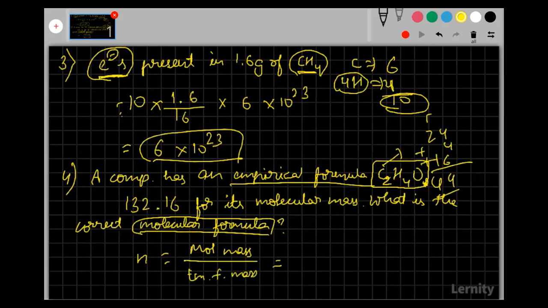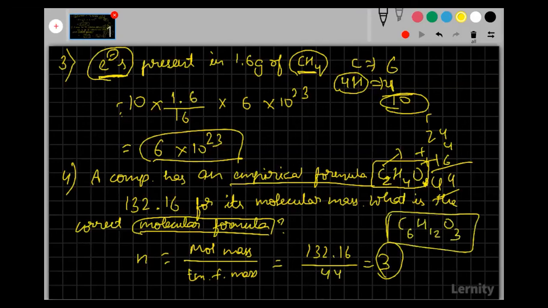So we get 132.16 divided by 44, which equals 3. So the molecular formula is C6H12O3. So this is the answer. Definitely this is not glucose. I don't have 6 over here. It's simply C6H12O3.